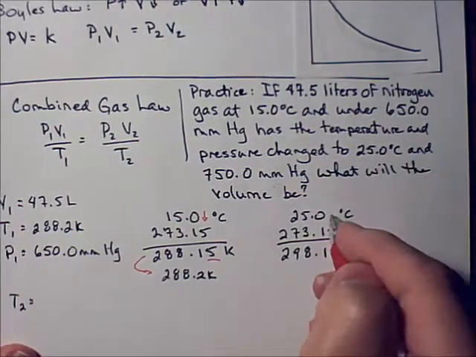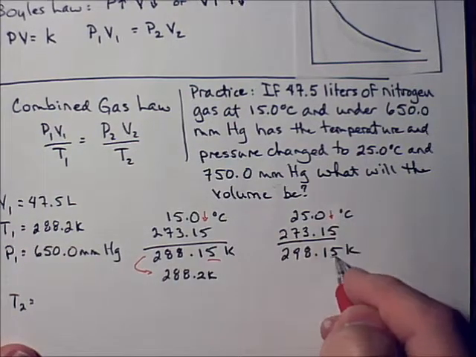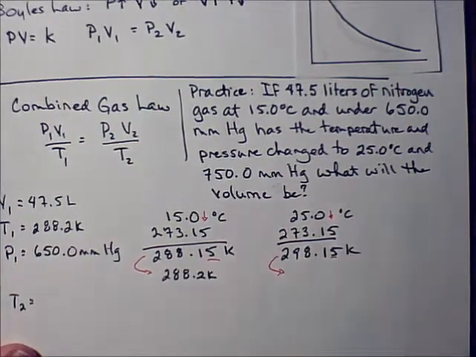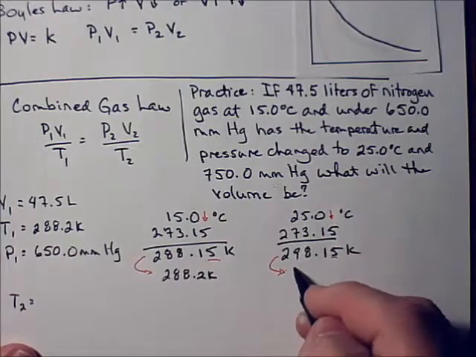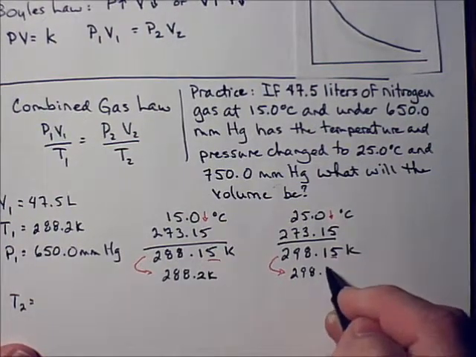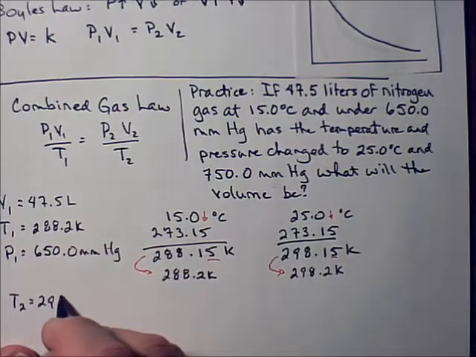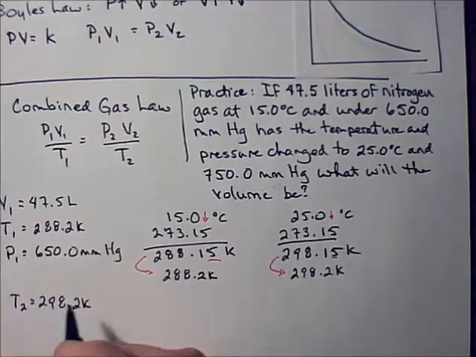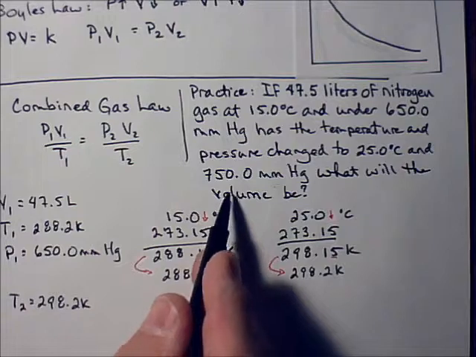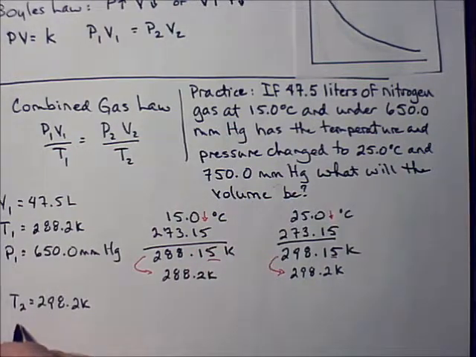Again, we've got this empty slot here, so this 5 over here is going to be rounded off. And so our temperature 2 is 298.2 K. The pressure is 750 millimeters of mercury.